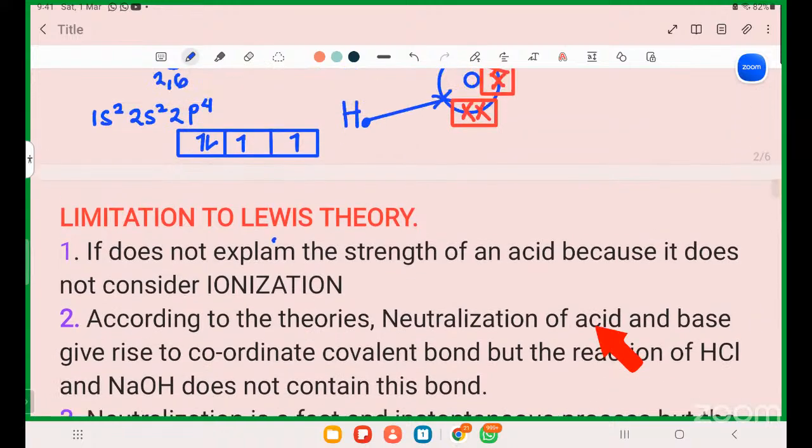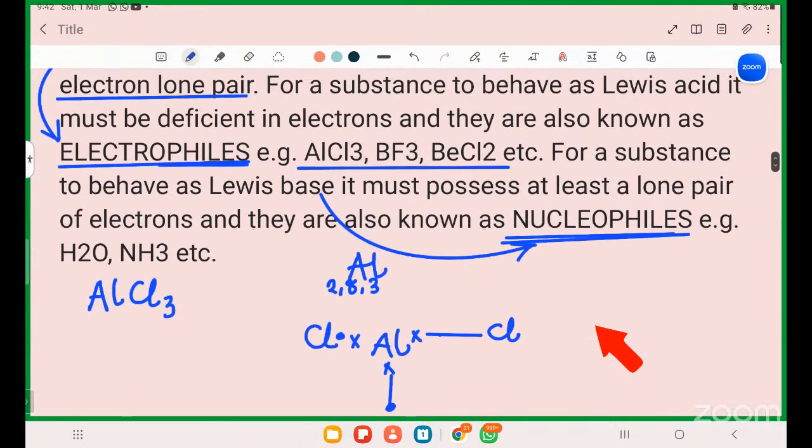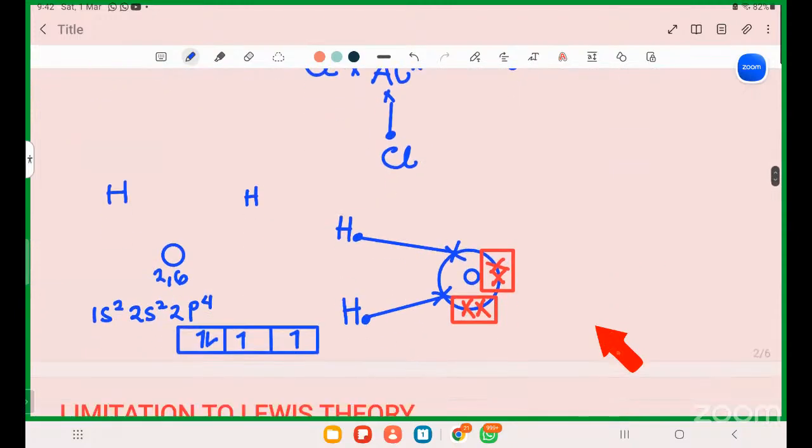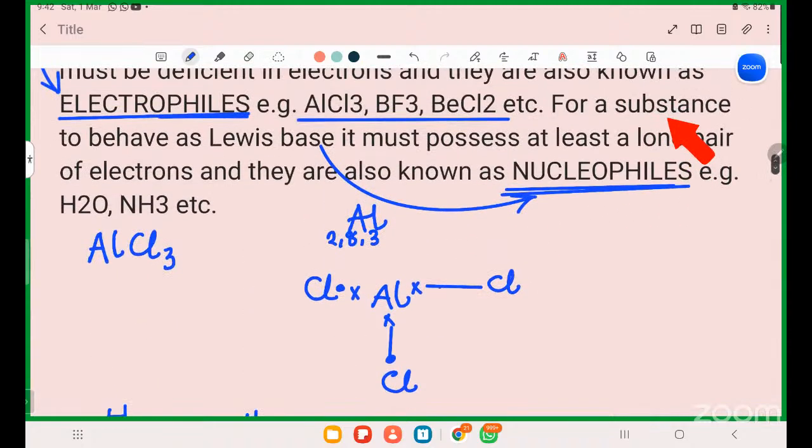This gives us what we refer to as salt and water. But the neutralization in Lewis theory will give us a covalent bond, whereby the base, water, donates its lone pair of electrons to the acceptor.